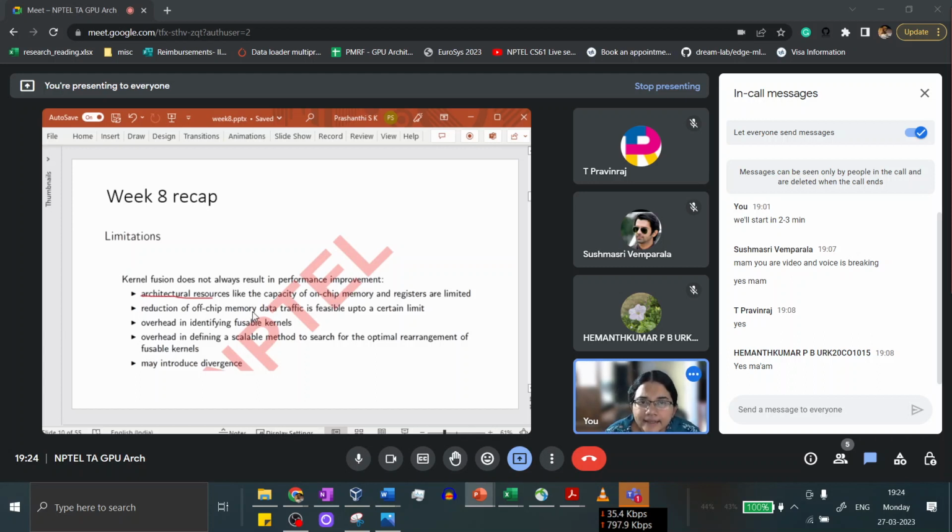The other thing is the overhead in identifying fusible kernels. Now imagine that you are doing this kind of compilation. Typically, going back to the deep neural networks example, I'm sure some of you have at least tried out basic models. You write this in PyTorch, and thereafter a compiler comes into play, and then it launches these kernels.